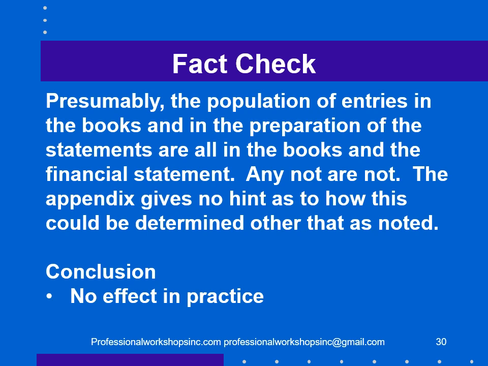Now, they give no hints as to what that means, even in the appendix, other than to say you might use a computer. But I think normally you're going to conclude, particularly in a smaller audit, this might be a problem in a bigger audit, but you're going to conclude in a smaller audit, all the recorded journal entries are recorded. And there are no unrecorded journal entries that should be recorded because there aren't any. So particularly in a smaller audit, I can't see this having much of an impact.